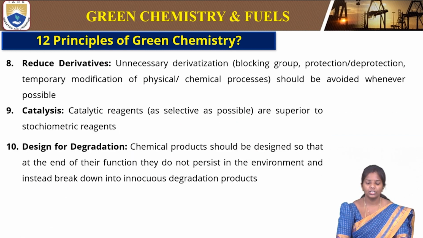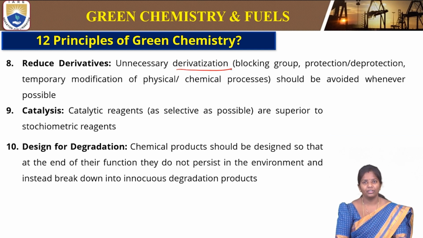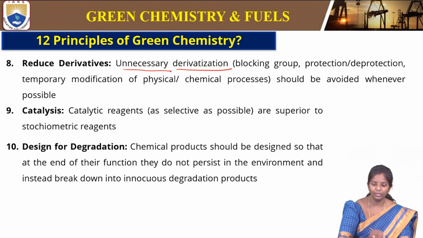Then comes reduced derivatives. Reduced derivatives is nothing but using some agents for converting the chemical reactants into some other groups, manipulating the groups so that they undergo the reaction. That is nothing but derivatization, and whenever we do derivatization, it will favor some reaction. Unnecessary derivatization should be avoided.